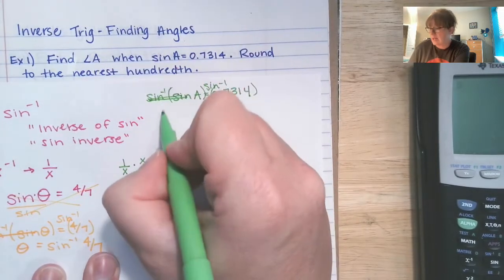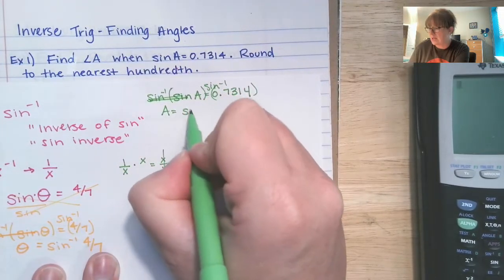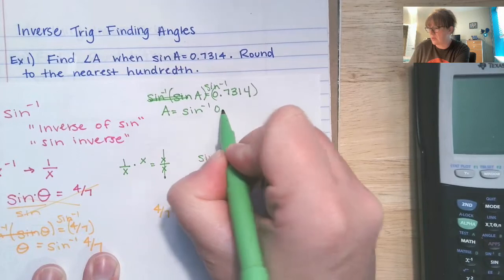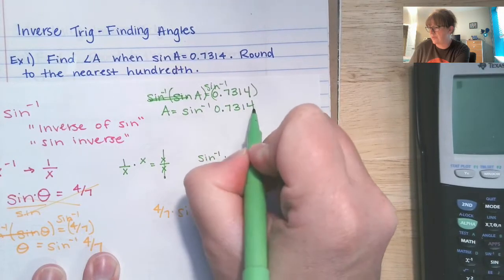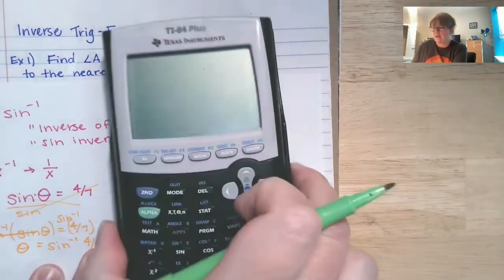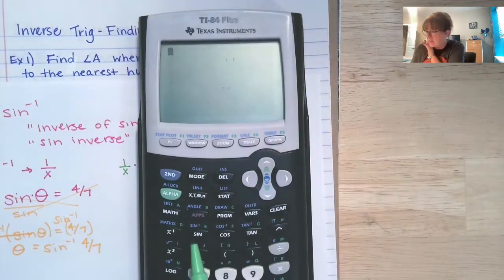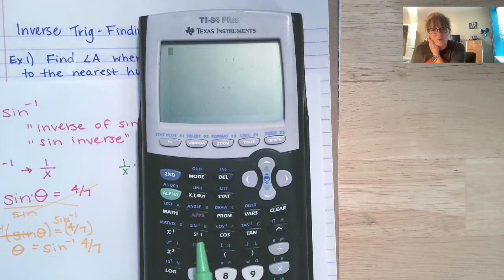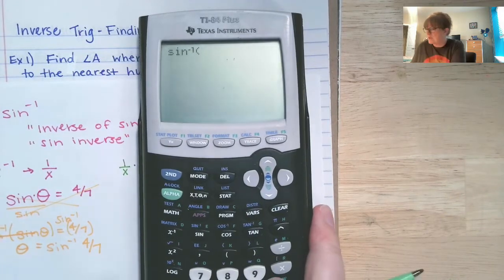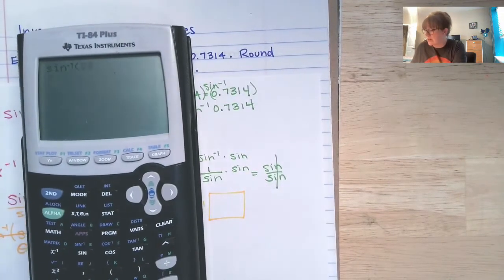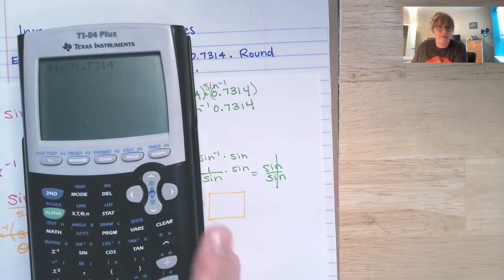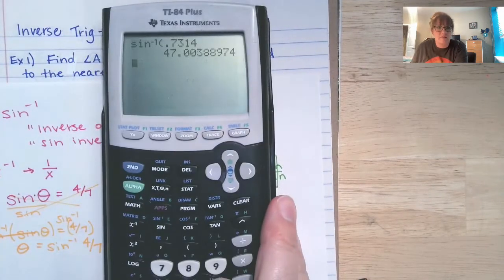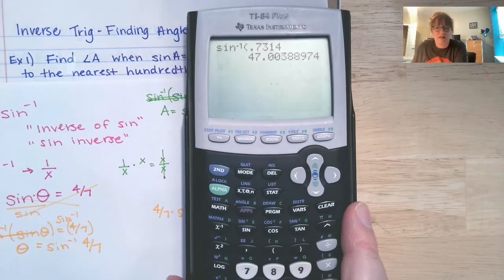So we get A equals sine inverse of 0.7314. On your calculator, if you look right above the sine, do you see that sine to the negative 1? That's the button we want. It's blue, which means we have to push the blue button on the top left, and then sine, so we get sine inverse. And then we plug in 0.7314.